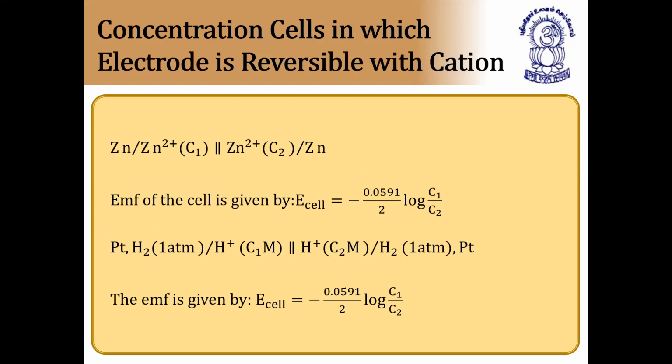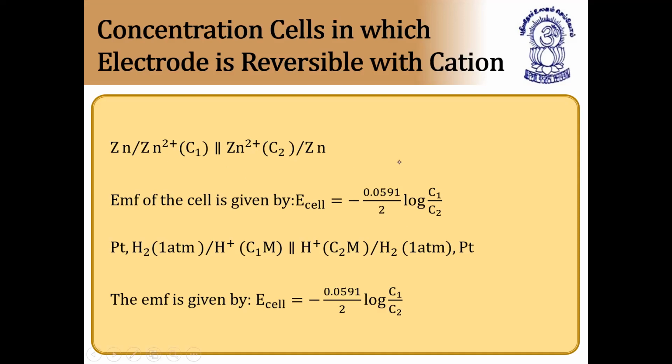The electrodes are the same, that is zinc. The EMF of the cell is E cell equal to minus 0.0591 by 2 into log of C1 by C2, where C1 is the first concentration of zinc ions and C2 is the second concentration.